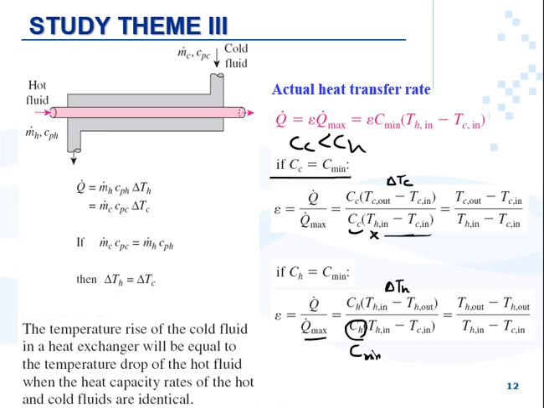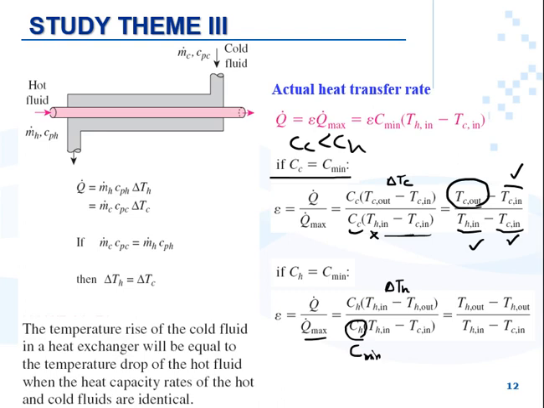But let's try to find the epsilon, because we did all those steps to find the epsilon. Here we are saying that we have the inlet temperature of the hot fluid and the inlet temperature of cold fluid, so fine. We said that the majority of the time we have these two, but we don't have the outlet temperature of cold fluid in this case.